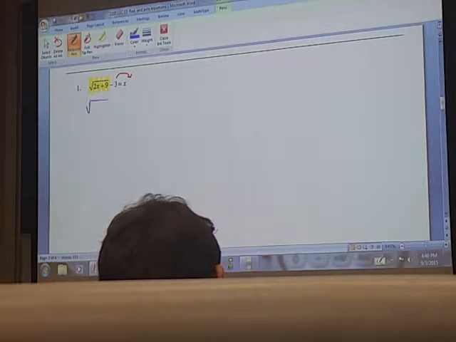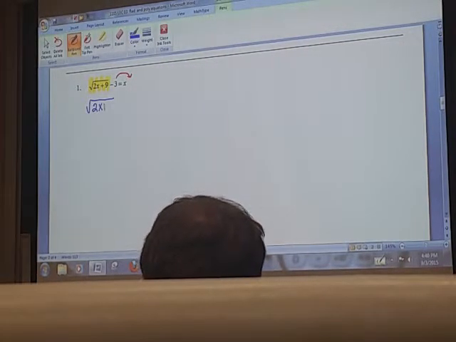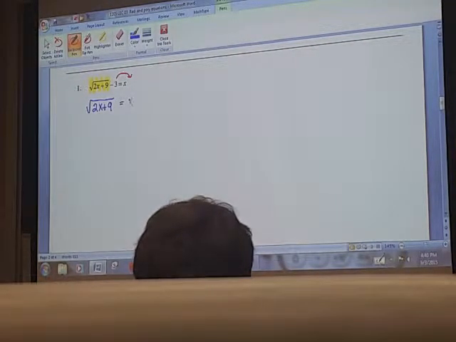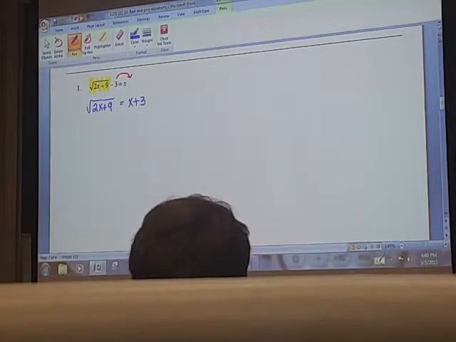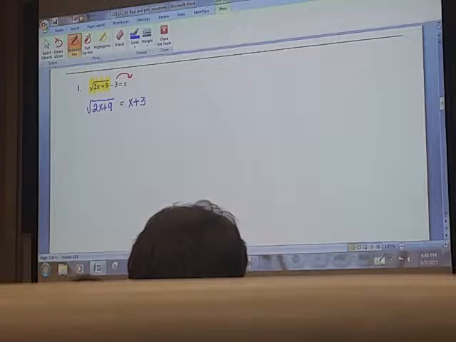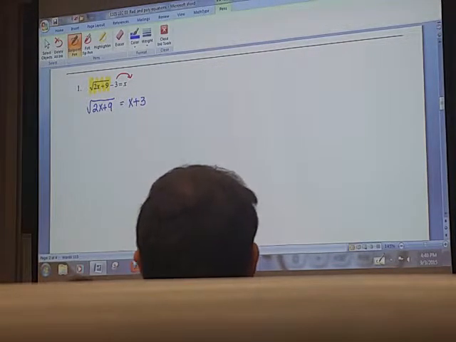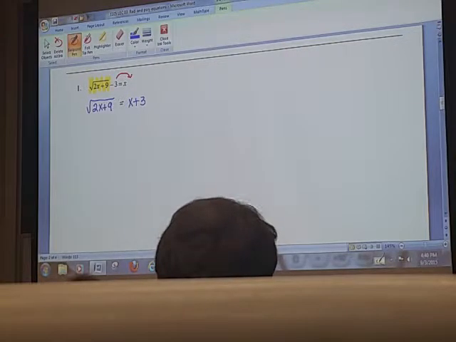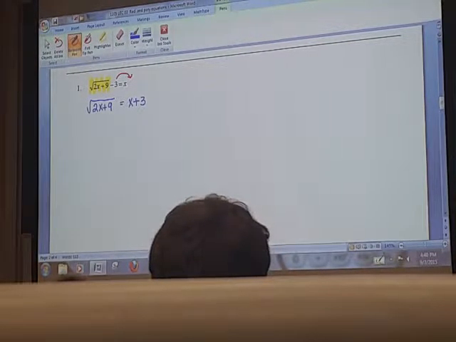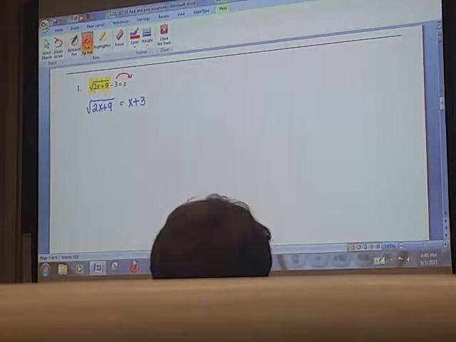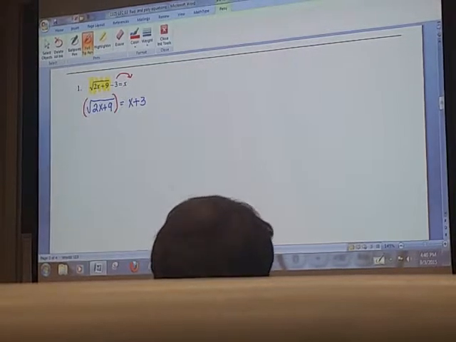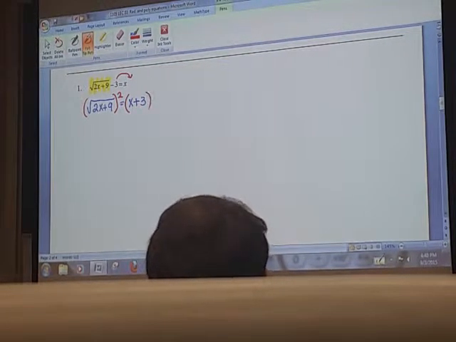So I start off by saying 2x plus 9 equals x plus 3. In order to get rid of the square root, I have to square. You square a square root, it goes away. I do the same thing with cube roots or fourth roots. Whatever the radical is, I raise it to that power. So in this case, I'm going to square both sides.